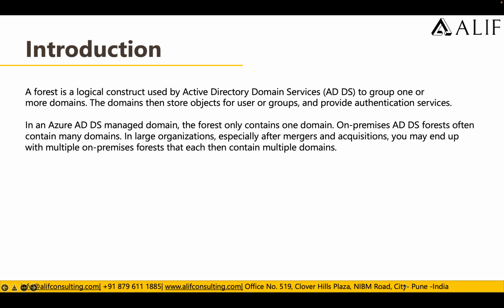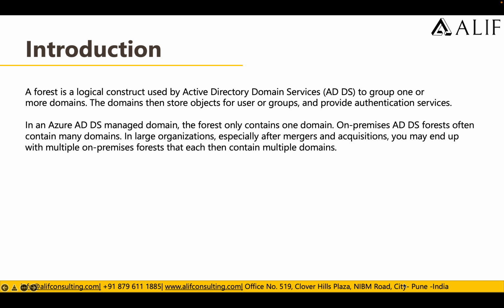And again, the on-premise Active Directory forest often contains many domains. It can have multiple domains, like maybe abc.com, xyz.com, 123.com. But with Azure Active Directory Domain Services, which is provided by Azure and is completely managed, that scenario doesn't exist. It only has one domain, which is basically getting connected with Azure AD.